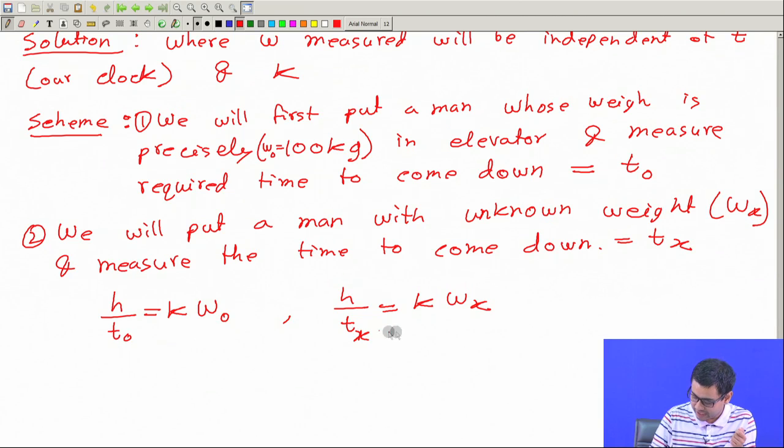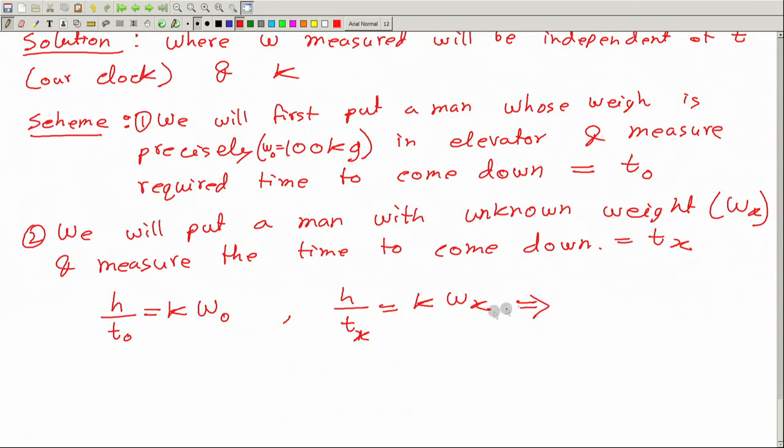Now we will divide this equation by the other. So let us divide this by this. h and h will cancel, we will have tx by t0, and this will be equal to w0 by wx.